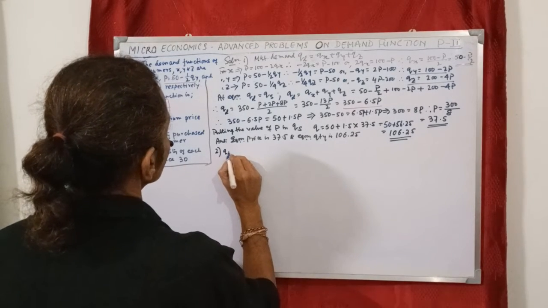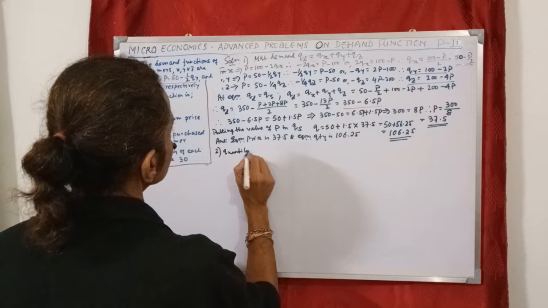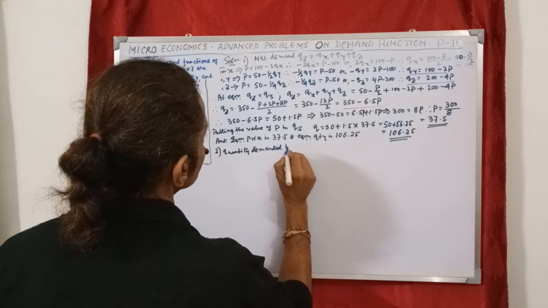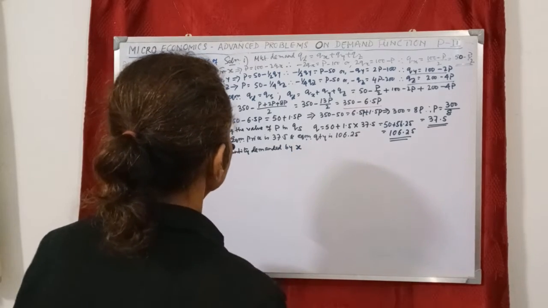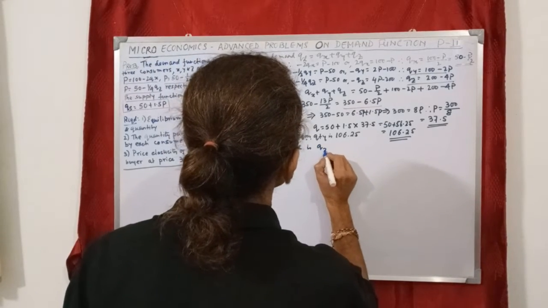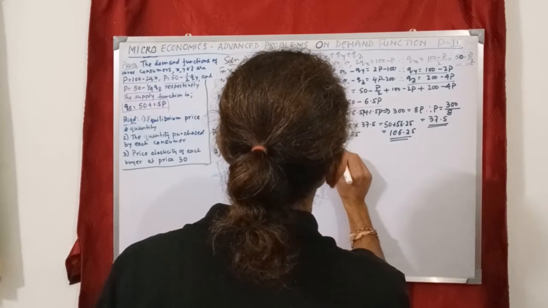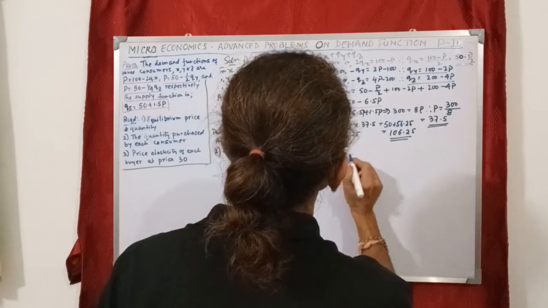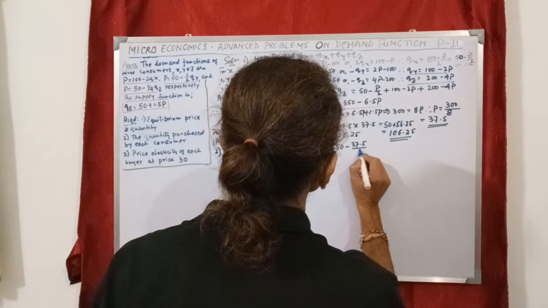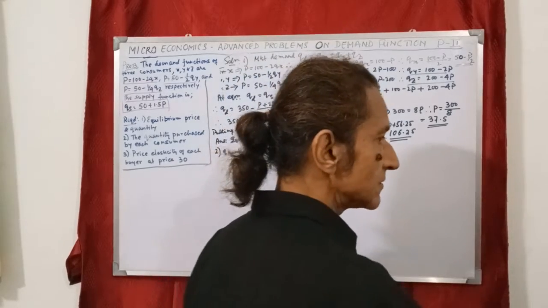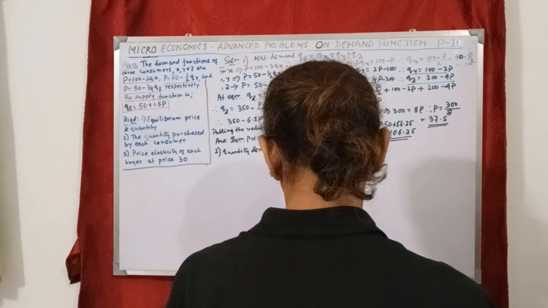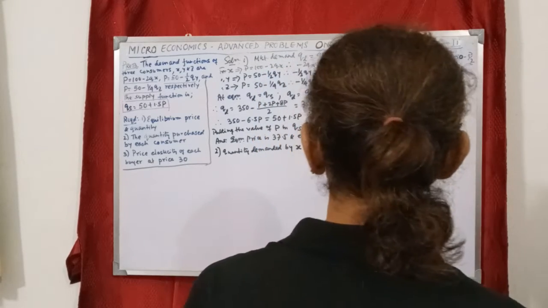So the quantity demanded or purchased by X is QX equals 50 minus P by 2, and P is 37.5. So 50 minus 37.5 by 2, that is equal to, let us see, 18.75.